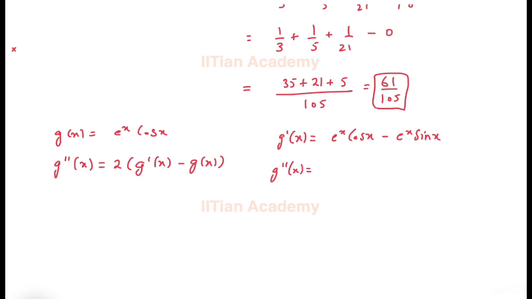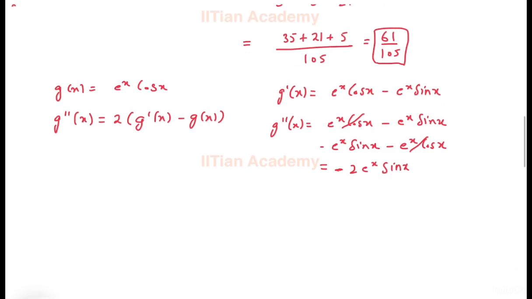The second derivative would be e to the power x cos x minus e to the power x sin x minus e raised to the power x sin x minus e raised to the power x cos x. So we have differentiated this function. We can further simplify this. These two terms are exactly same. So this is minus 2 e raised to the power x sin x.